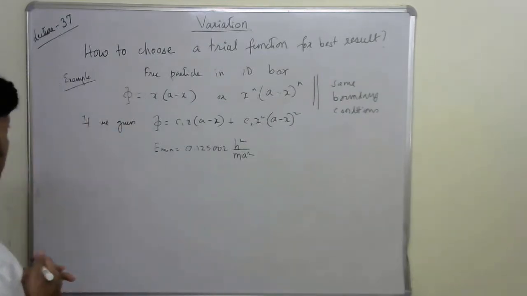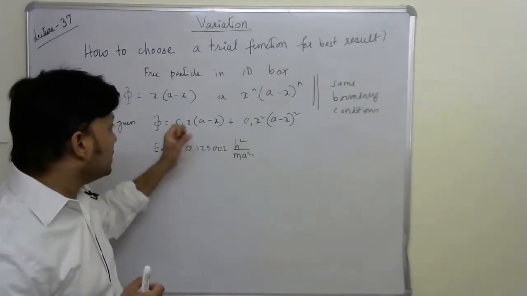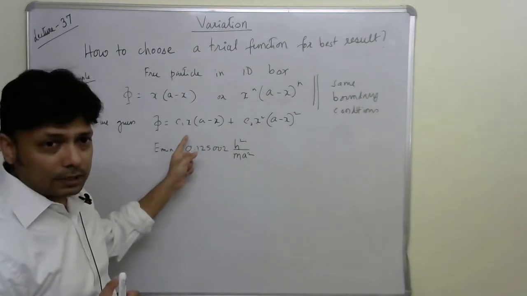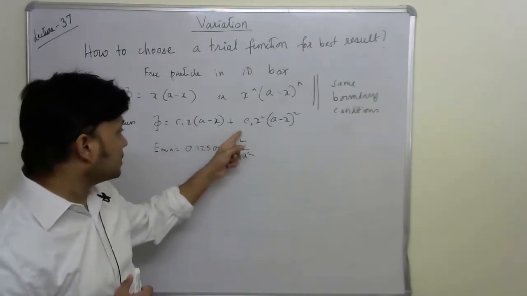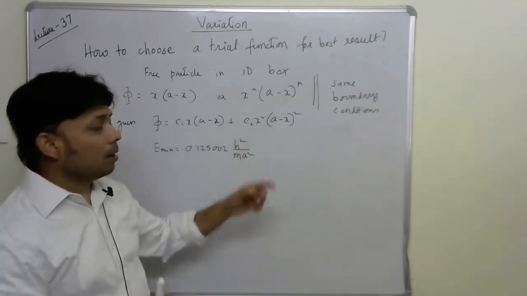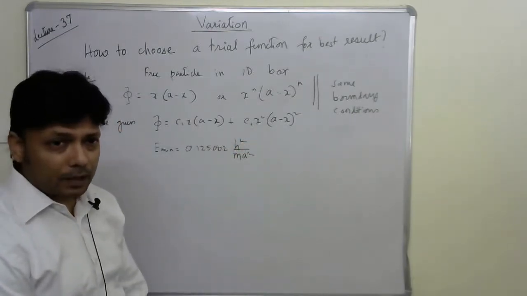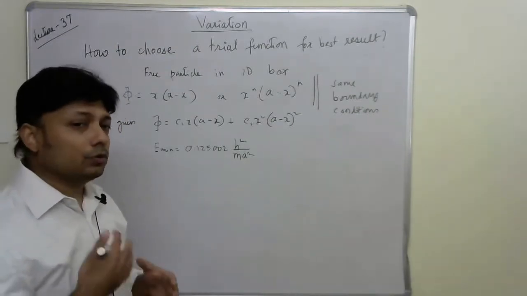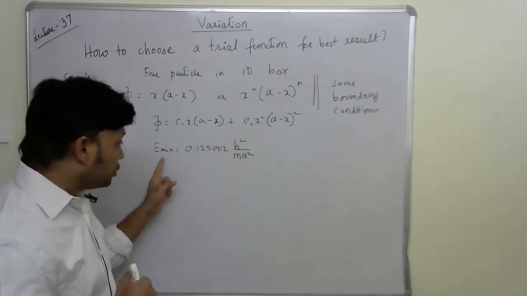Now, if we guess that phi is a linear combination of these two functions, that is c1 x (a minus x) plus c2 x squared (a minus x) whole squared, then with all our desired calculation, if we do it correctly, we will find the energy minimum.